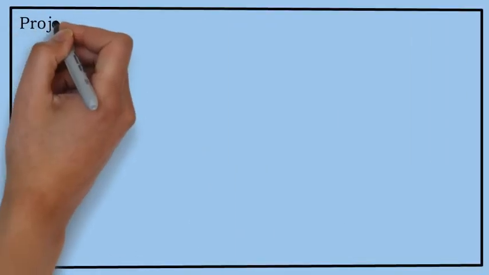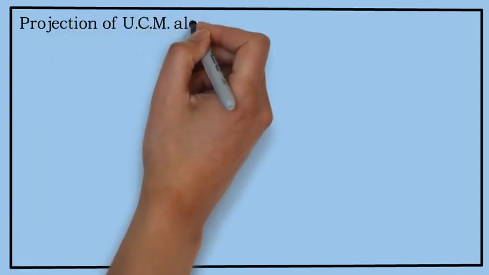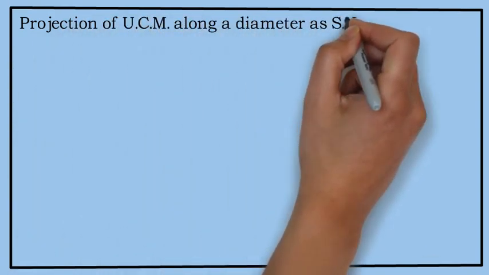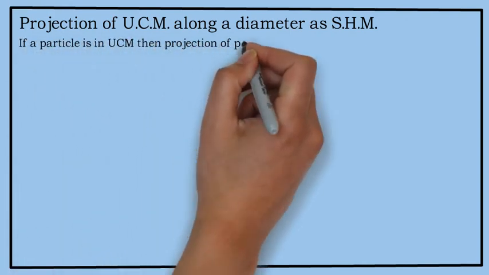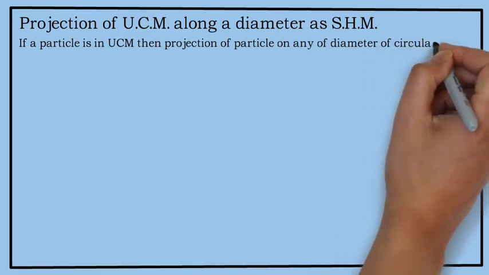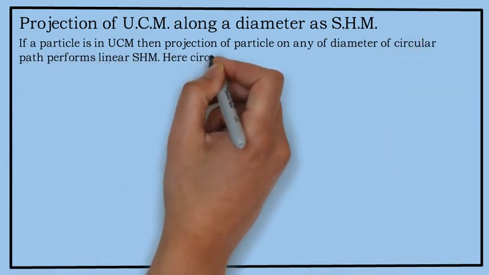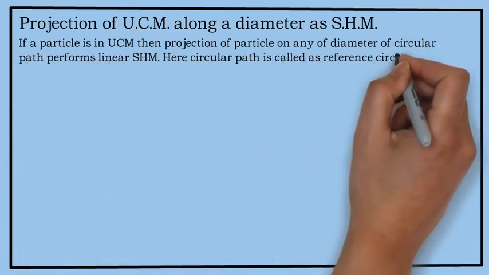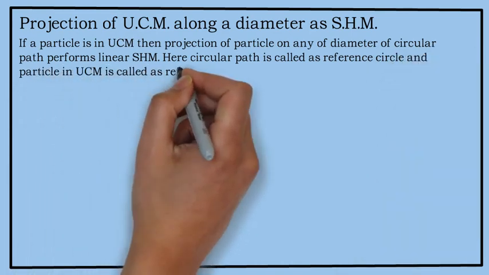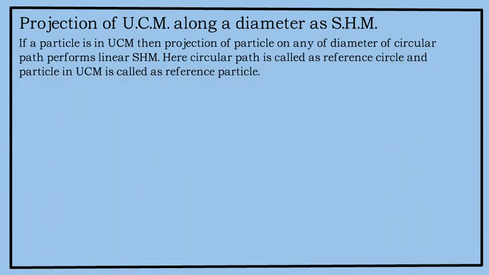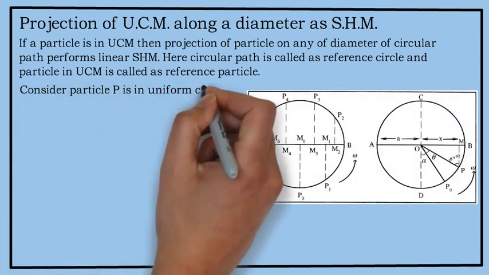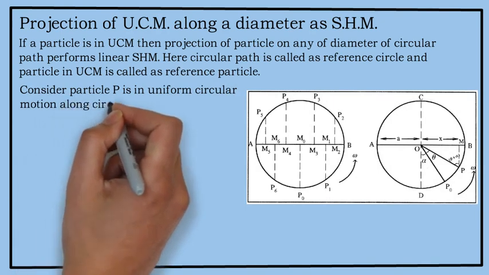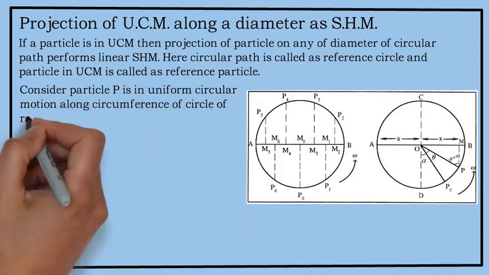Now we have to understand a very important concept: the projection of UCM along a diameter is SHM. As the particle moves along the circumference of a circle, if you project that particle on its diameter, you would observe that the particle on the diameter is performing SHM. Consider particle P in uniform circular motion along the circumference of a circle of radius small r.